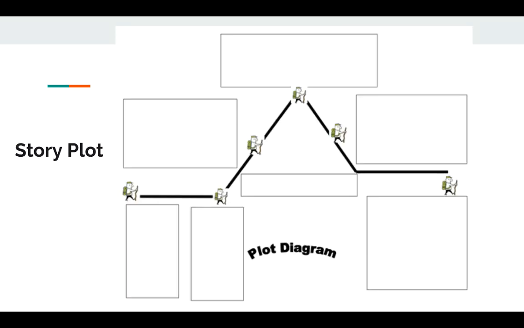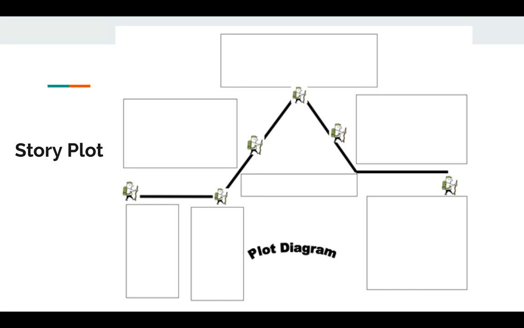If you remember story plot, think of that mountain that we went over many times already this year in the classroom. At the beginning of the story, how is the story starting out? What is it that we find out? Do you remember what that is called?